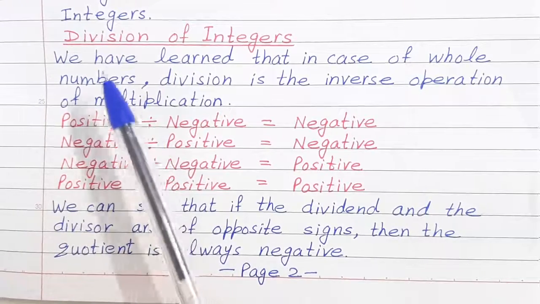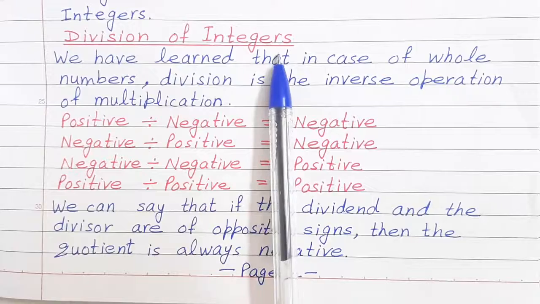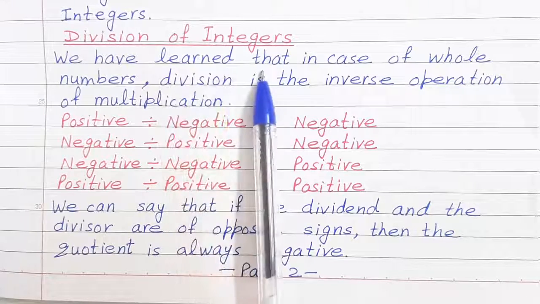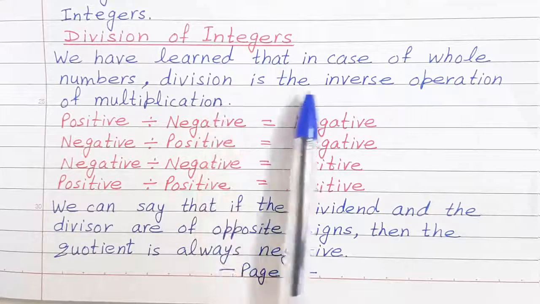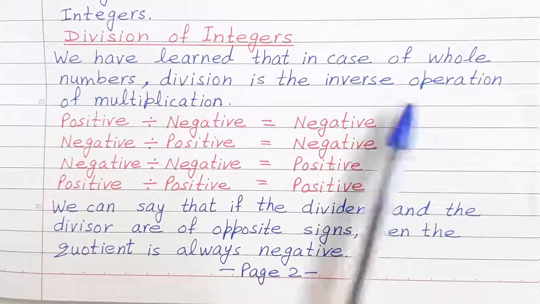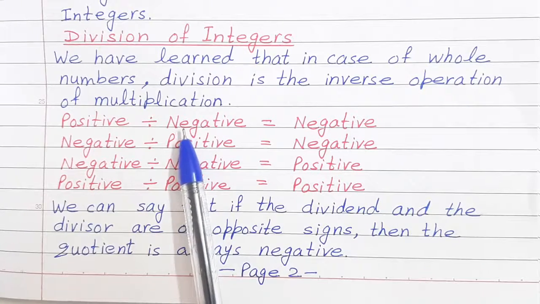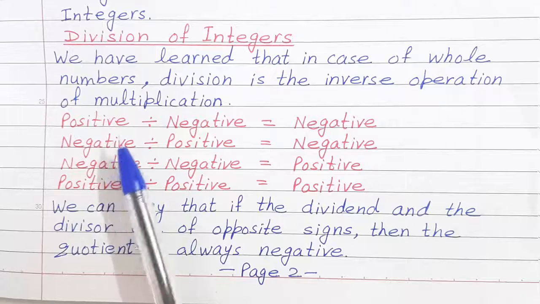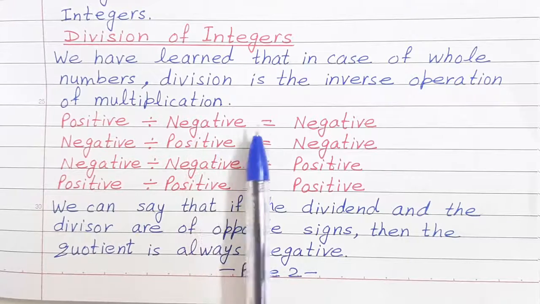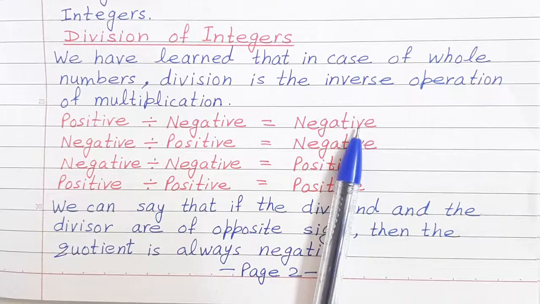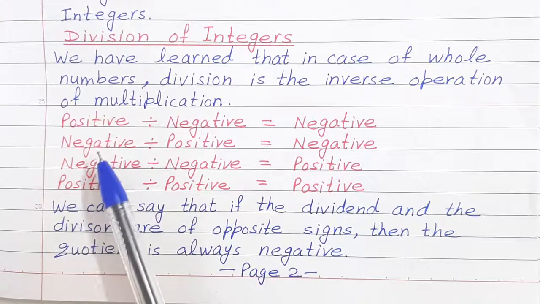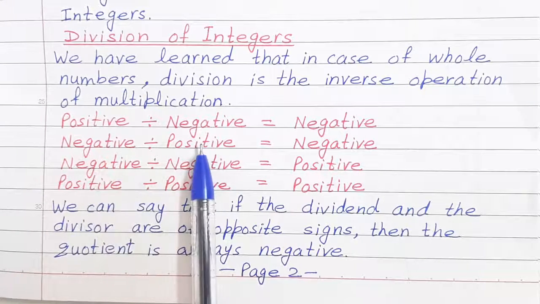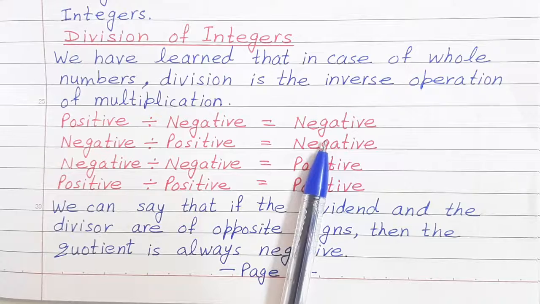Now children, in case of division of integers, we have learned that division is the inverse operation of multiplication. That is, positive divided by negative is a negative number, right? And negative divided by positive is also a negative number.